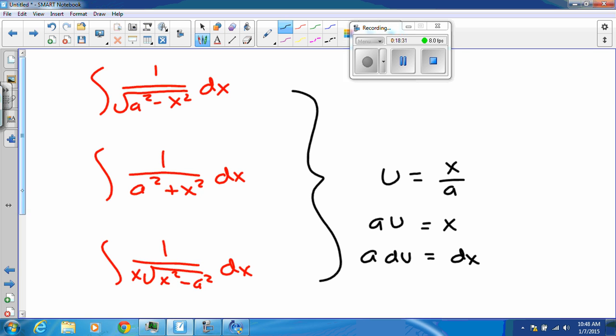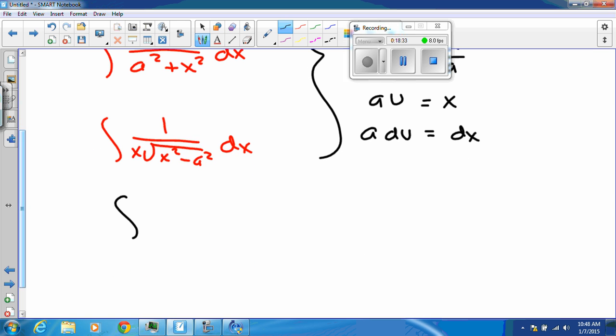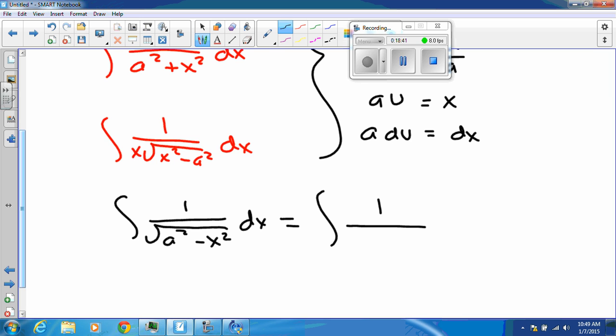And so now I'm going to substitute into this first form and see how it goes. I'm going to substitute everything in sight in terms of u. So that we now have 1 over root a squared minus au squared times a du.